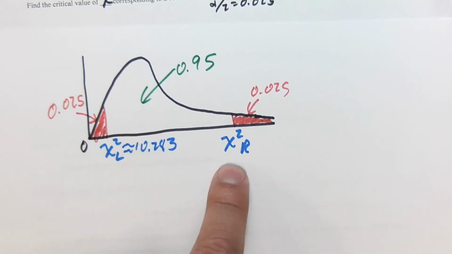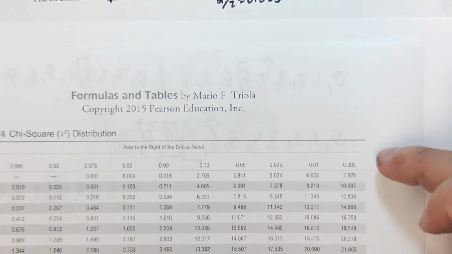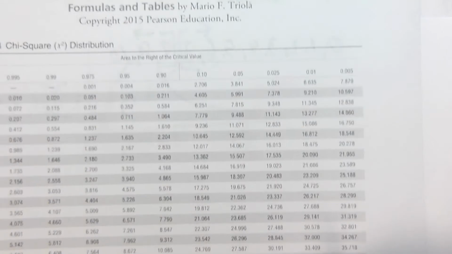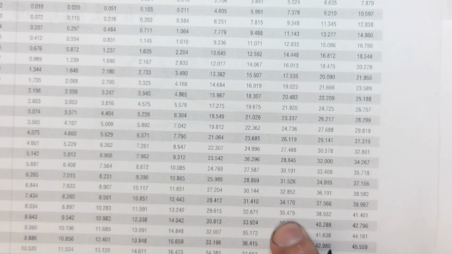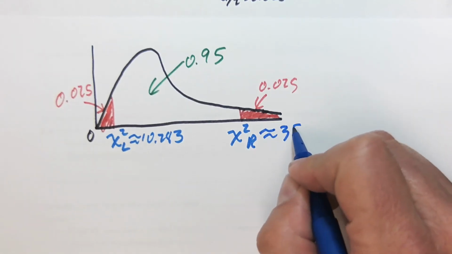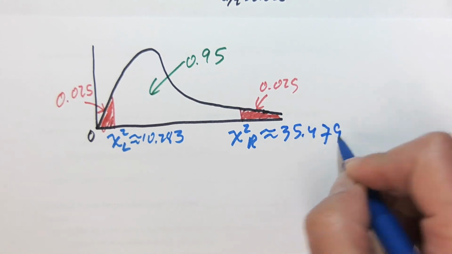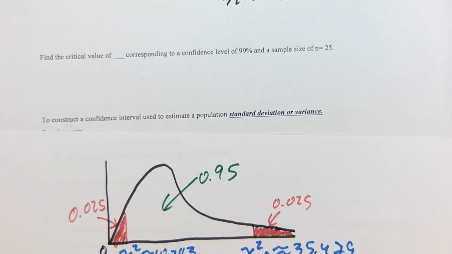And area to the right for this one is 0.025. So I'm going to go down to degrees of freedom of 21. There it is, 35.479. So those are the critical values that we found here.